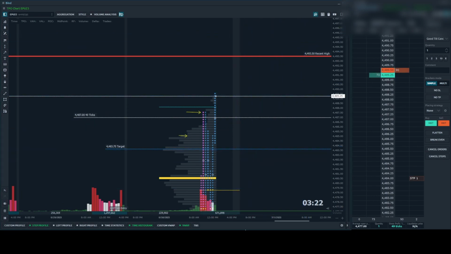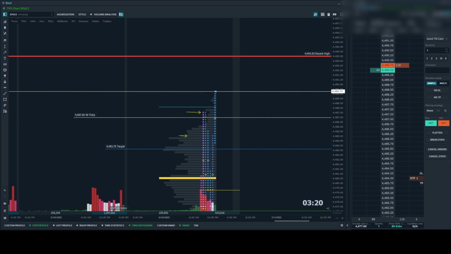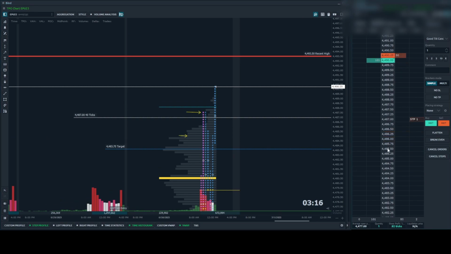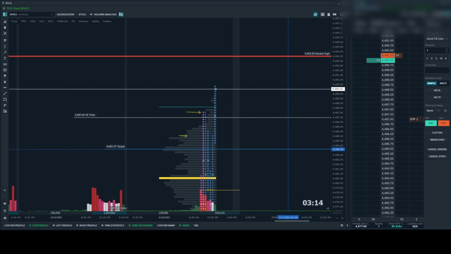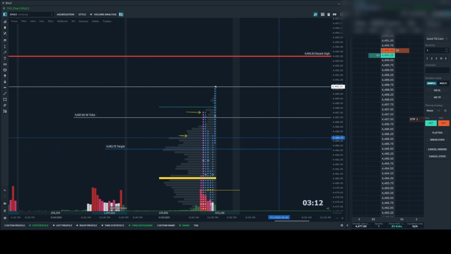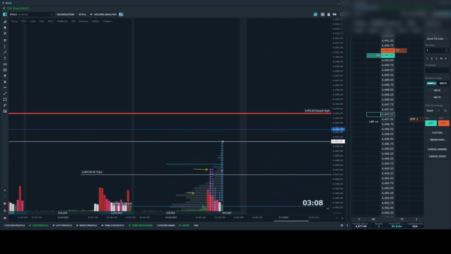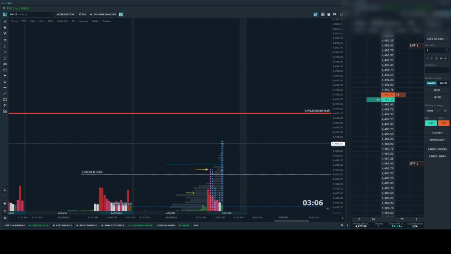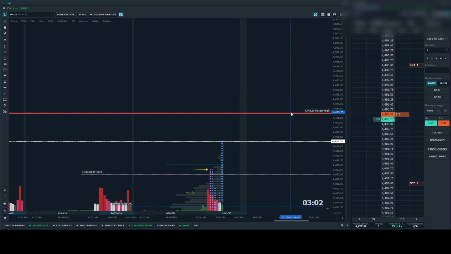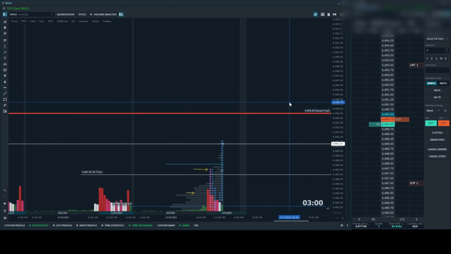I think at this point you could move your stop up to your 40 tick right there, 87. Let's lock in your 40 ticks. Now let's check your other stop. I think we'll move this up past that.